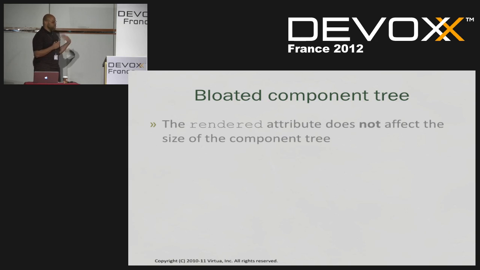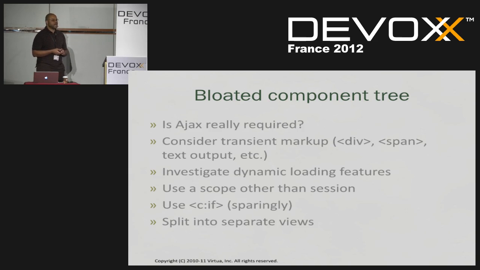So if all those tabs that we showed previously had rendered equals false or something, they would not be sent to the browser, which would decrease the browser rendering time and decrease the network bandwidth, which is good, right? However, it does not mean the component tree is smaller, okay? So that means that the overall footprint of the page in memory is going to be roughly the same, but the user experience is still going to be better because they won't be sent like 6 tabs that they don't need, okay? So just keep that in mind. Rendered attribute does not shrink the size of the component tree.